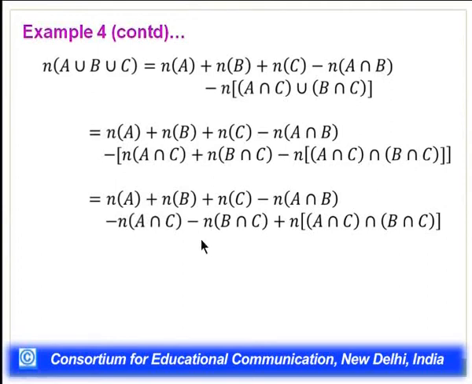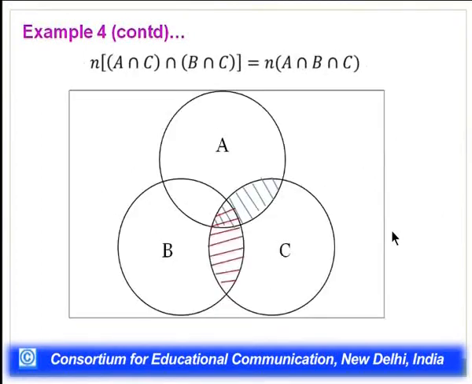So this in turn gives me, in fact, if you notice, now I'm in a position where I have all the terms ready for my final expression which I was supposed to prove, except that this last term, if you follow my cursor, needs a little bit of manipulation. Now let's see what the intersection of A intersection C and B intersection C amounts to. We can see this through a Venn diagram.